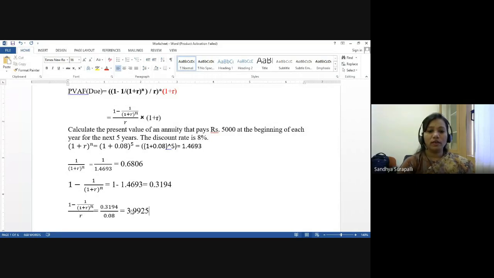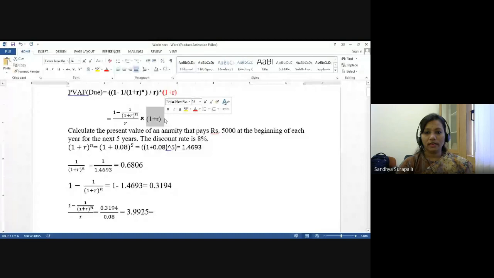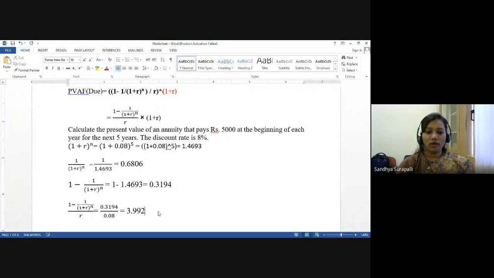Now to this what we are doing is multiplying by 1 plus r, right? So multiply with 1 plus r.